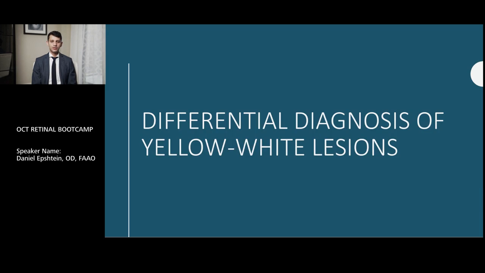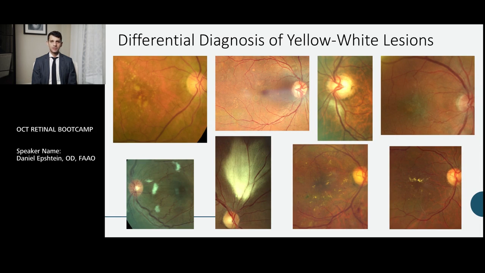Now we're going to move on to differential diagnosis of yellow-white lesions. These lesions, drusen, PDDs, exudates, sometimes can look very similar on fundoscopy, especially if you have a patient with medial opacities or patients that just can't sit and fixate for long periods of time.